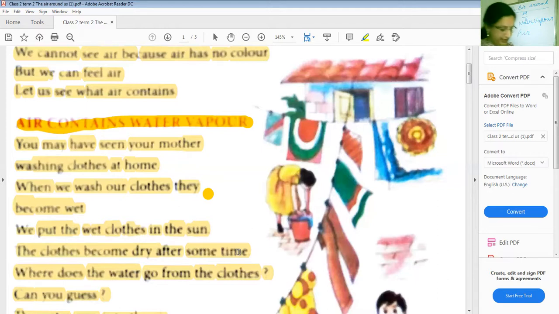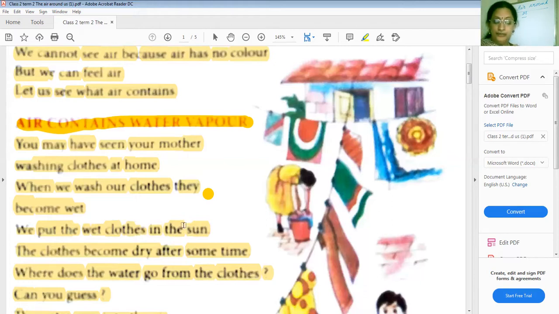Now, page number 98. You have to watch one experiment at home. What is that experiment? Have you seen your mother boiling some water? When she is boiling some water, what is happening to the vessel? The gas is burning.